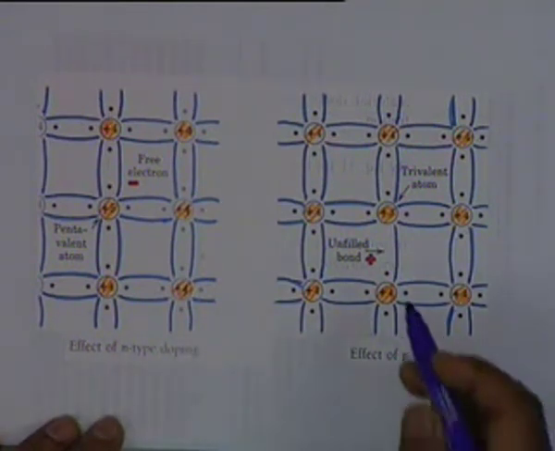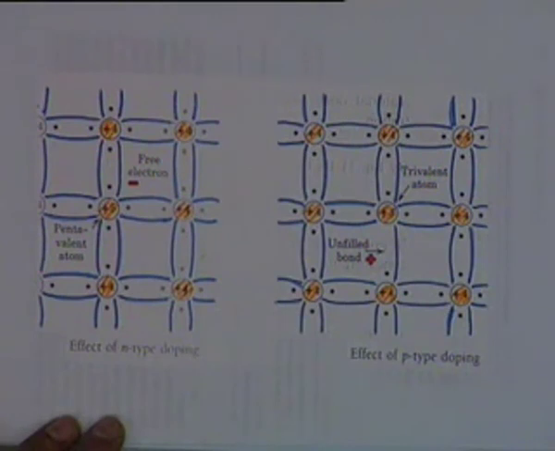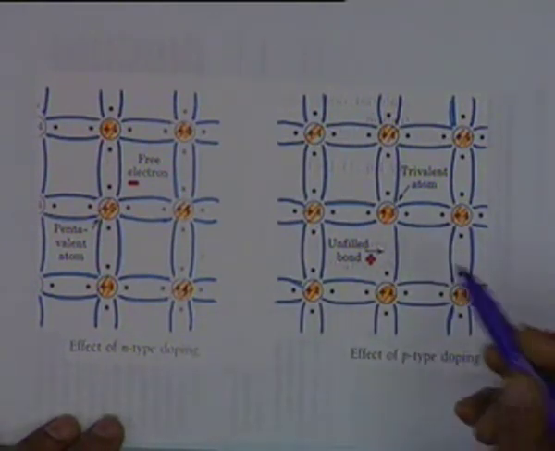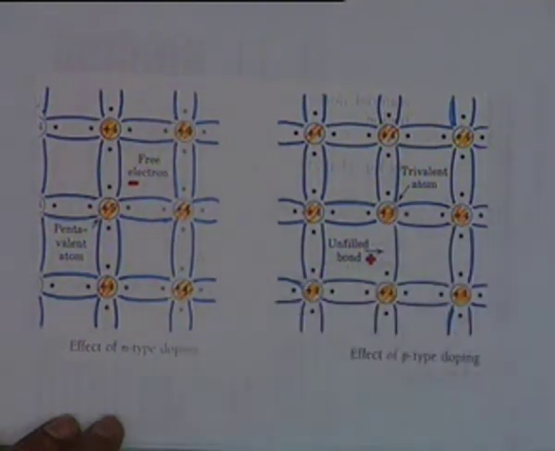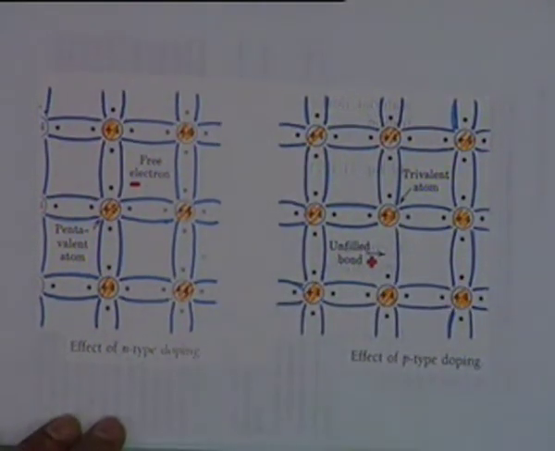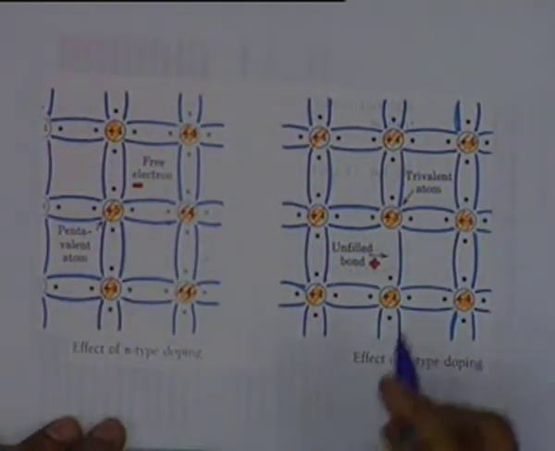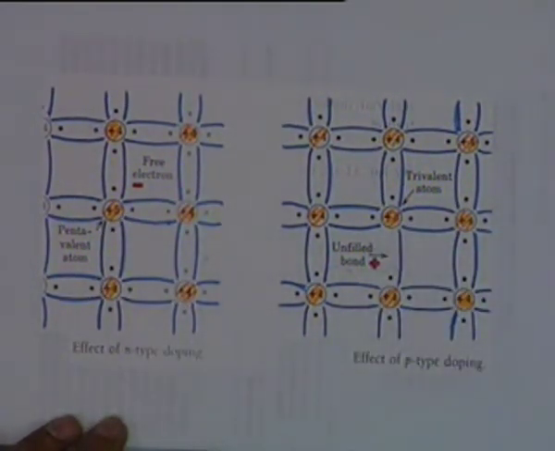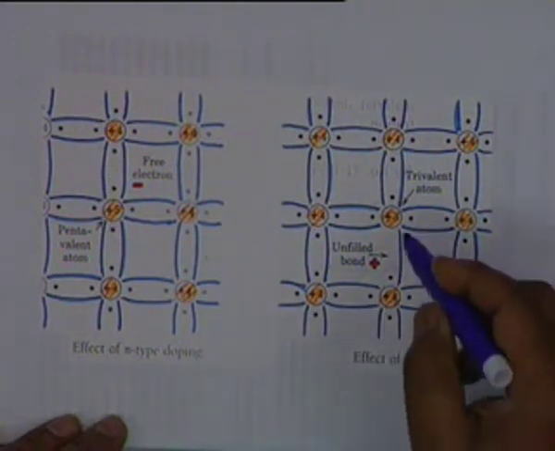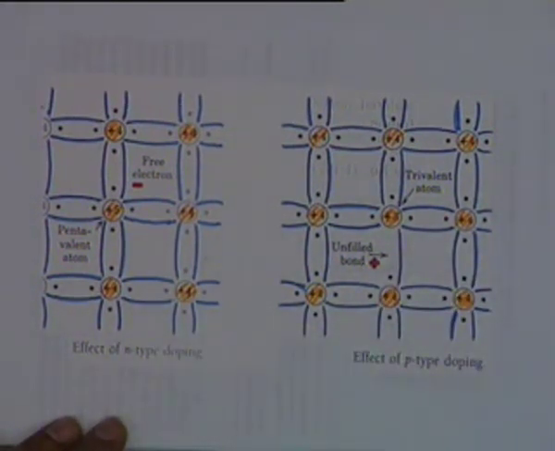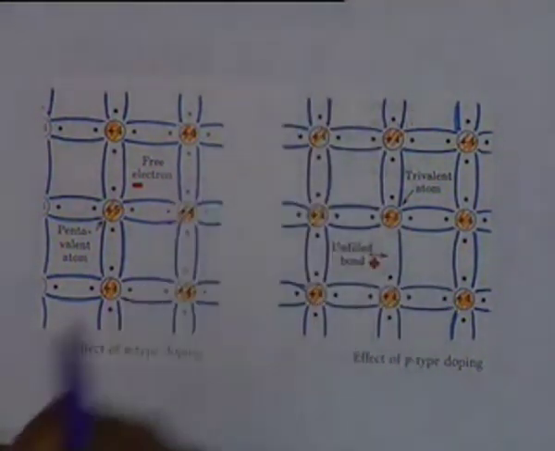On the other hand, if you inject a trivalent atom, if you inject a trivalent impurity like boron, well, boron has only 3 electrons to give. So, it is a beggar. It is a beggar, it accepts another electron. All right. If it takes the position of a silicon, well, one of the hands of the neighboring silicon cannot be satisfied by this, and therefore, there is an unfilled bond or a hole.